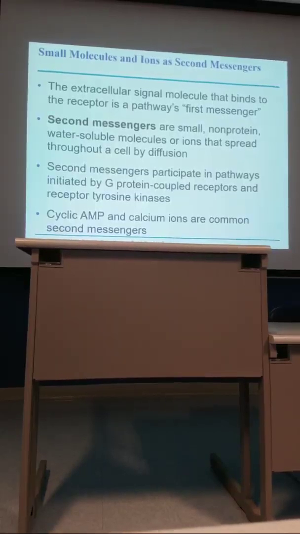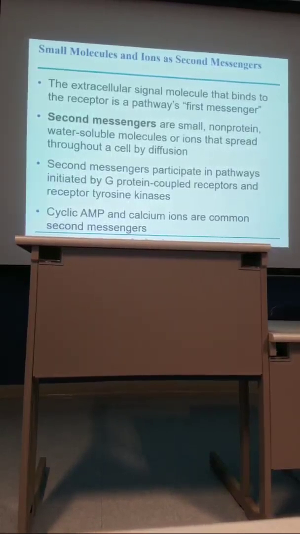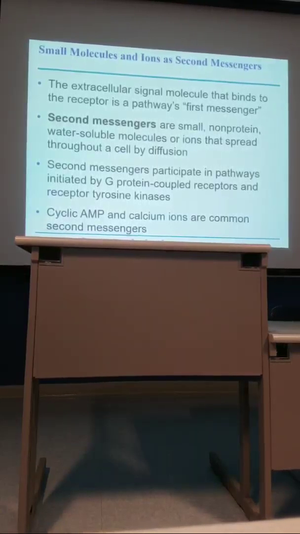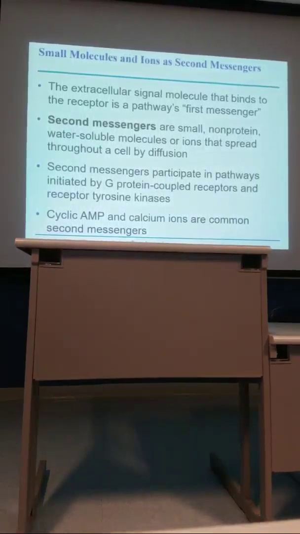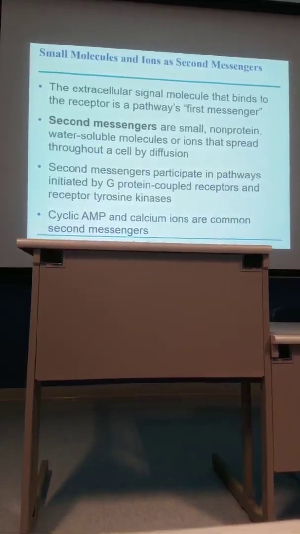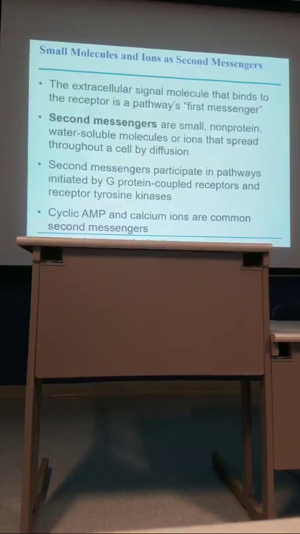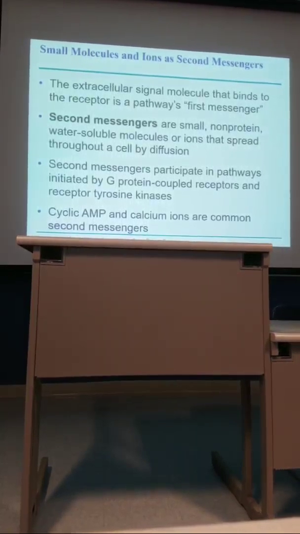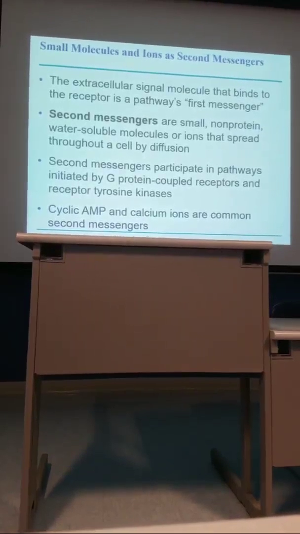One of these I want you to remember is at the bottom, these two, cyclic AMP. What does that sound like? If you had to guess what it is: adenosine monophosphate.